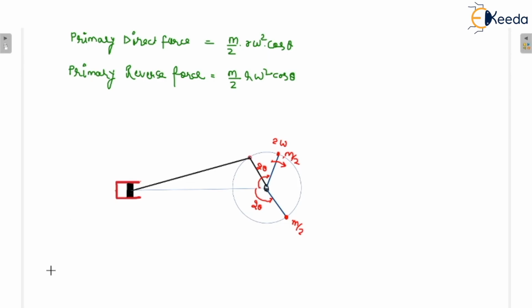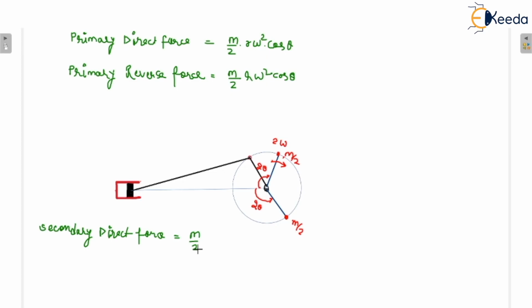So when you calculate secondary direct force, what would be the formula? How can you calculate? Secondary direct force would be equal to what? First, you need to understand the secondary force formula. And the difference between the direct and the reverse is you just have to divide the mass into two parts, that is m by 2.